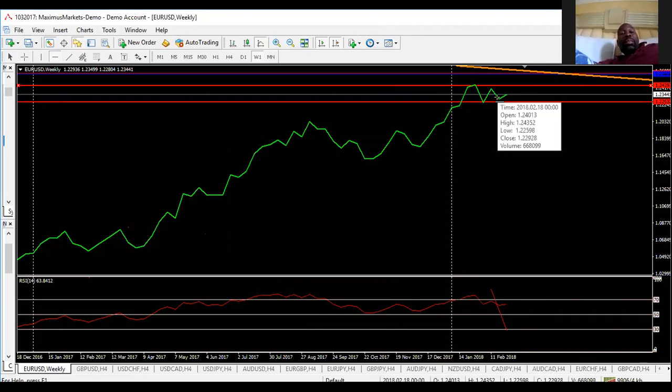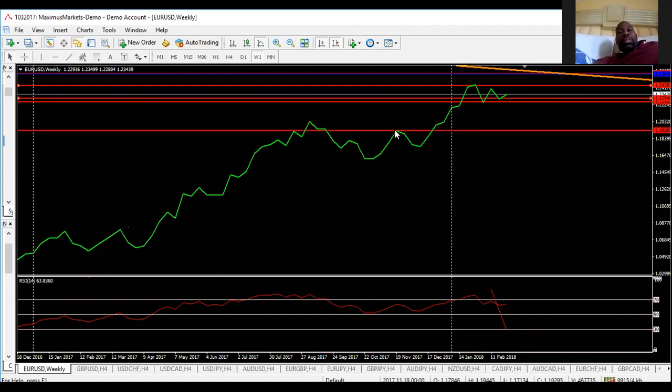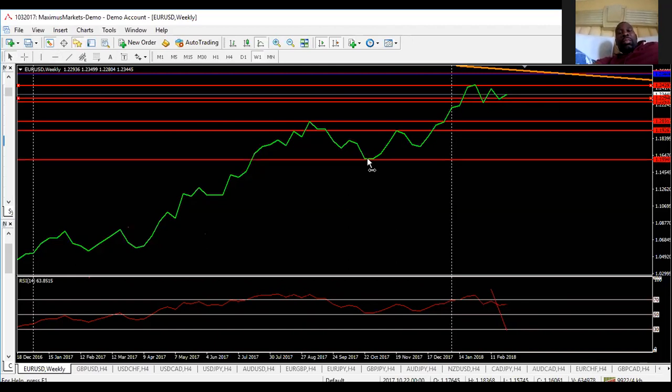I'll place here, this red point. Do you see? At that edge of this red point, I'll put one there. I'll place again at the top here. I'll pick again at the top here. I'll pick again at the bottom here.